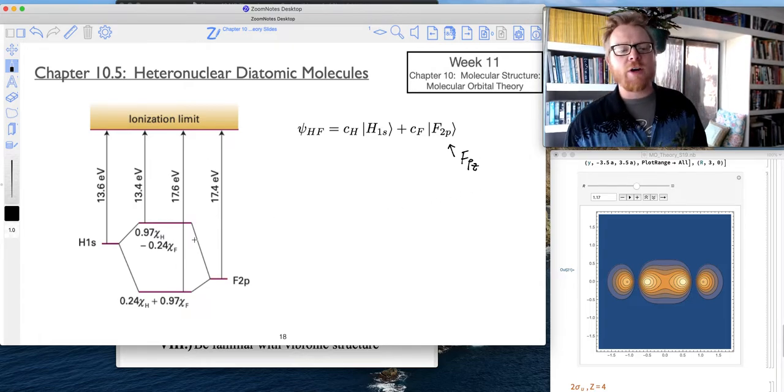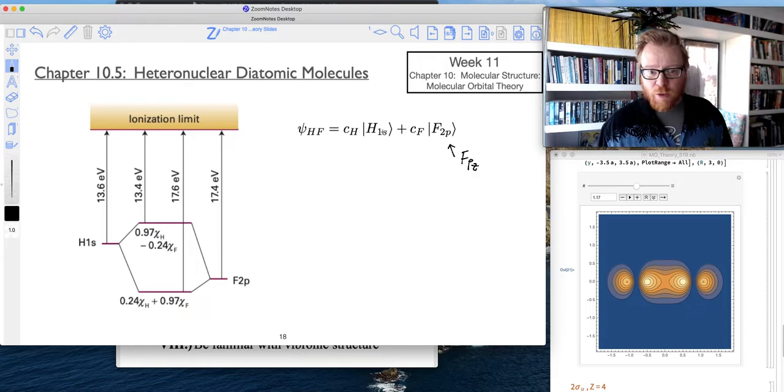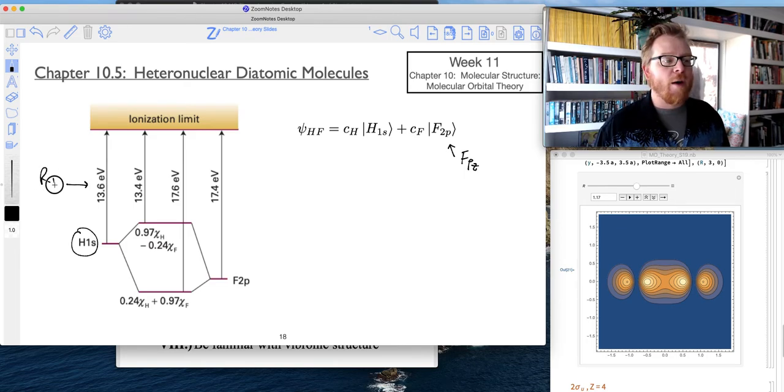And so the way we start constructing not only these wave functions, but the MO diagrams, is by first looking at the energy relative to its ionization limit, okay? So if we focus on just the hydrogen 1s, this number, 13.6 eV, actually comes from Rydberg's constant.